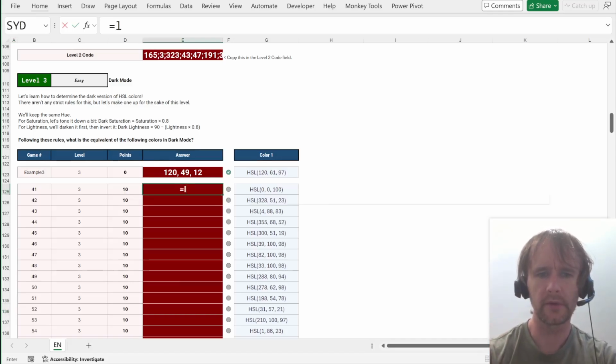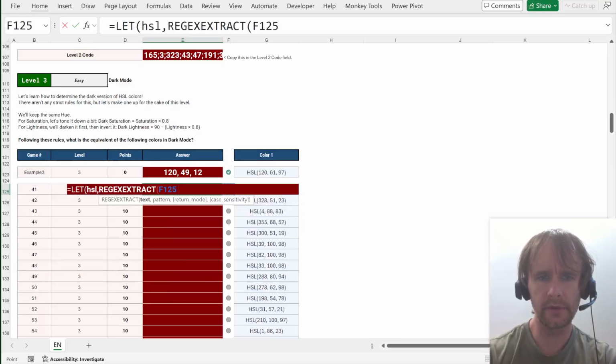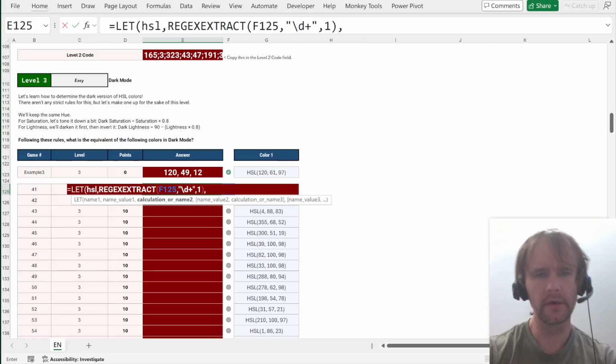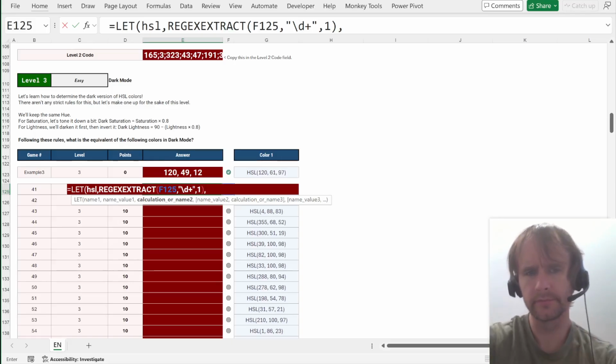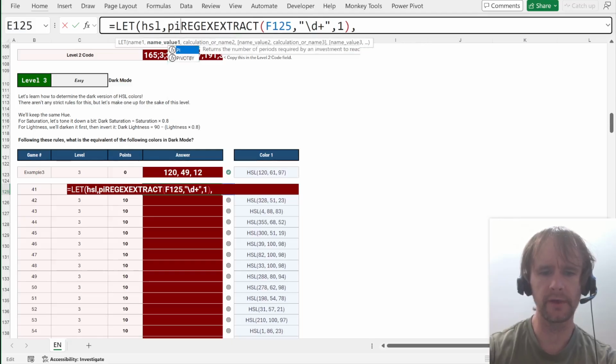Okay, so let HSL again be a regex extract from here, slash d plus 1. Then I guess I think I just want to say that HSL be pick of that.